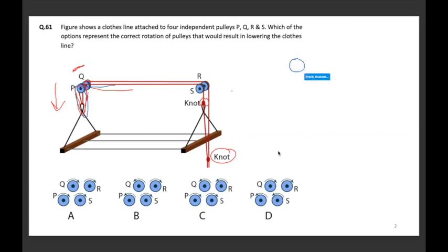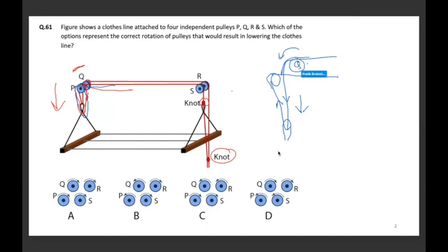This is Q. It would come here, go down, be a part of the loop, come up, and then wrap around P like this. Because I want the clock line to come down, this thread has to come down.